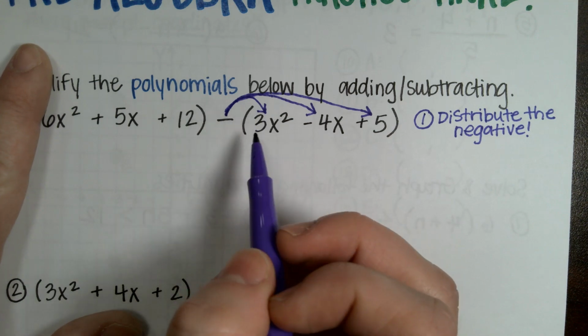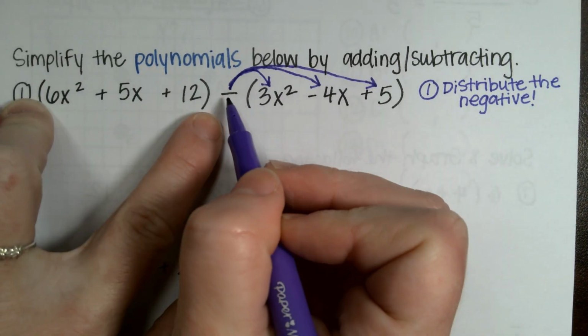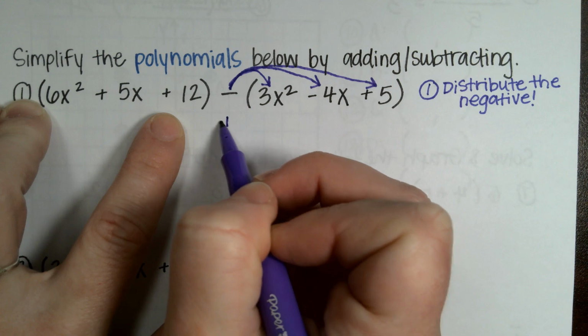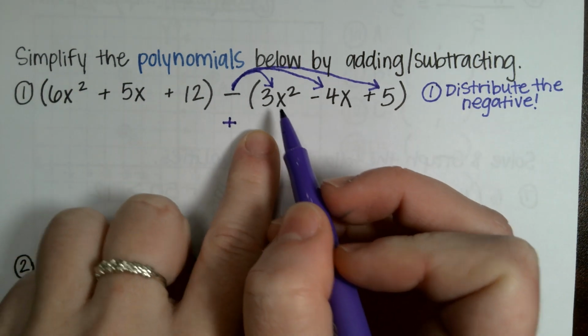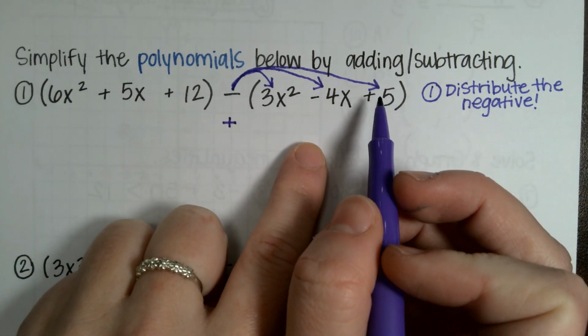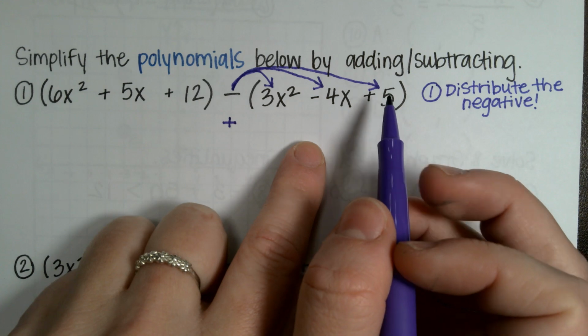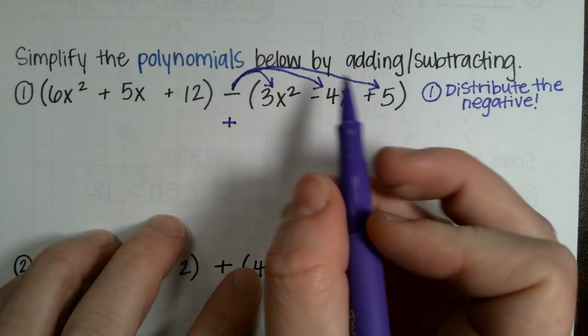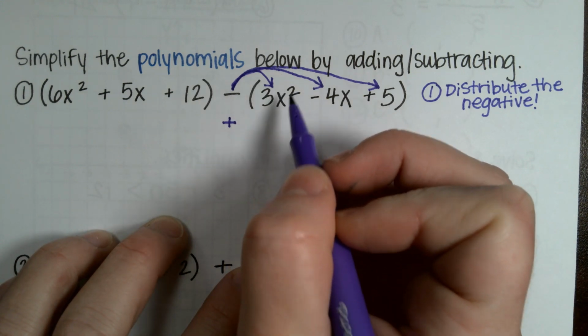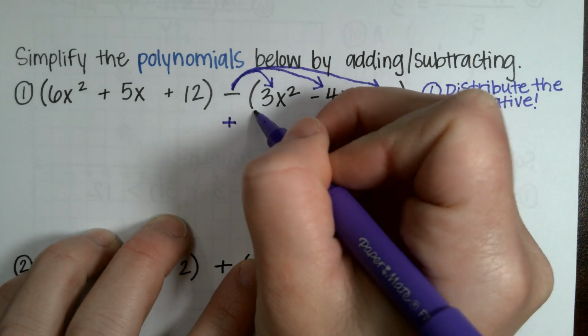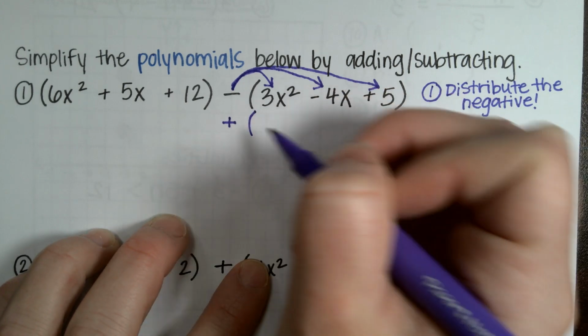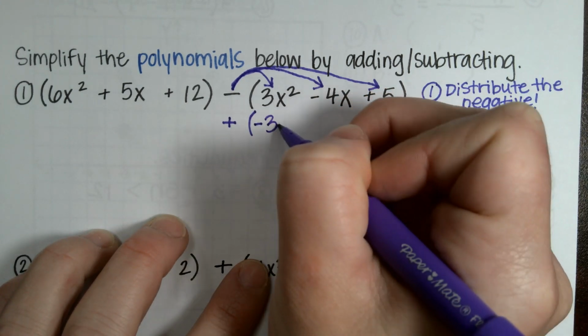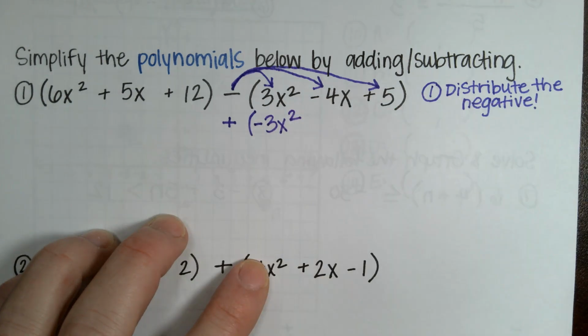So all that happens here is we turn the minus to a plus, and every term inside the parentheses, you're going to change the sign to the opposite. So positive 3x squared, what does that become? Negative. Yes, negative 3x squared.